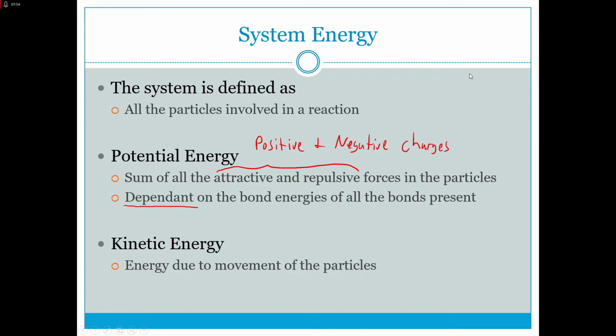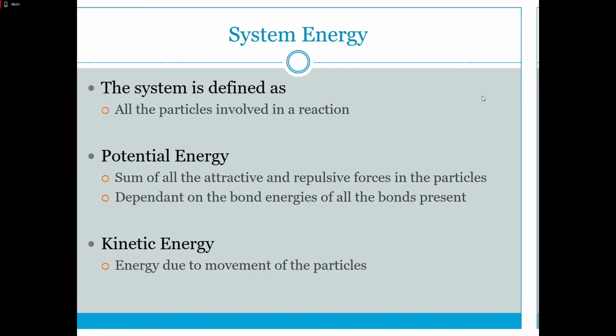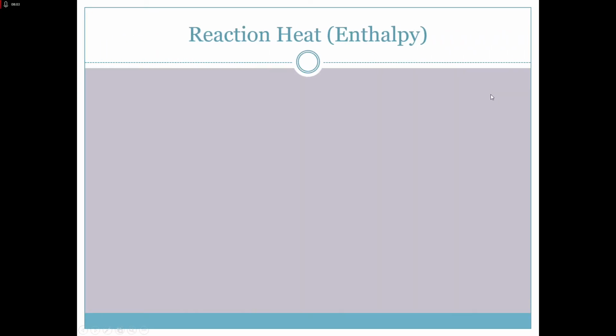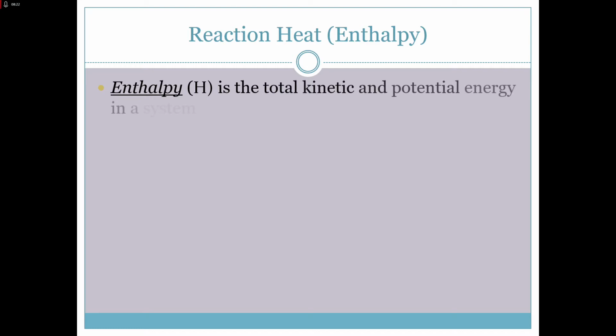Now, how the system energy changes will determine whether the reaction is endothermic or exothermic, and we call this the reaction heat, which is not always the best way to describe this, but it's the one that we use the most. So enthalpy is really a measure of the energy of the system.